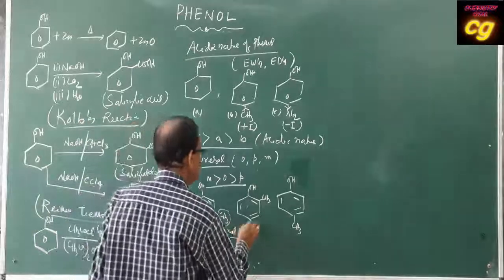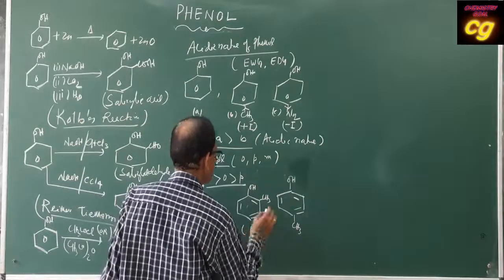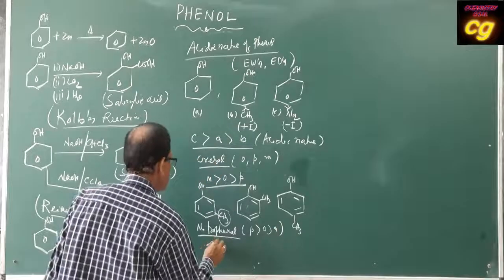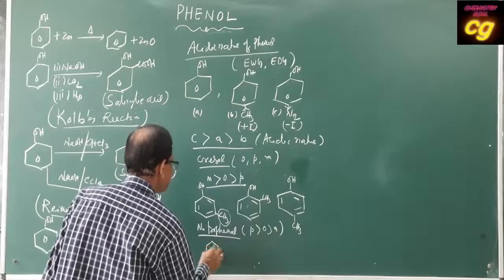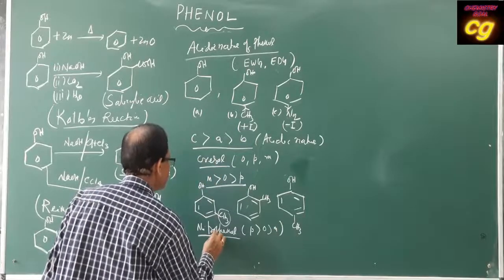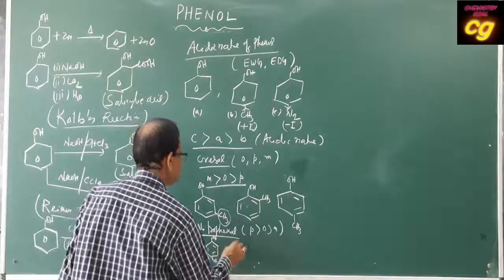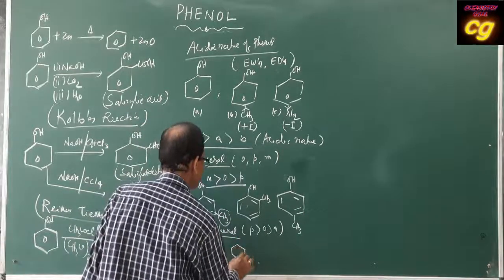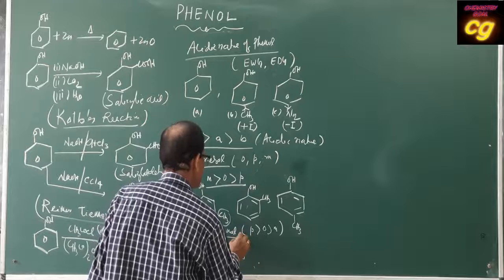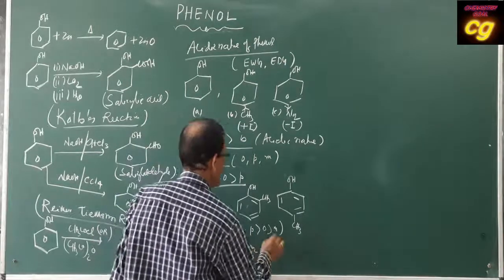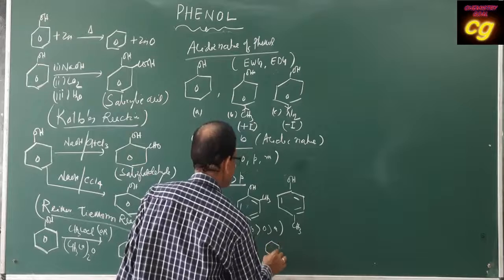The order is generally para greater than ortho greater than meta. Your para position is like this. This is para, and this is ortho, and this is your meta.